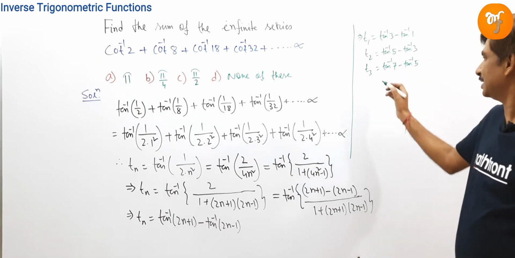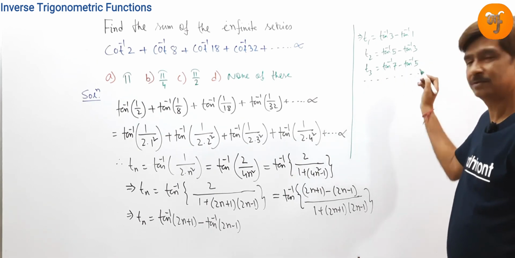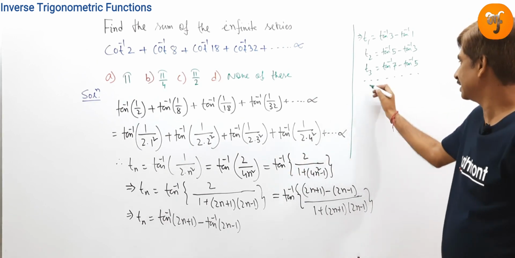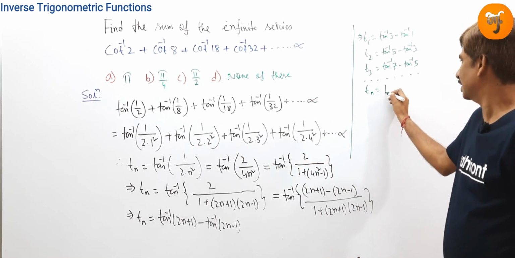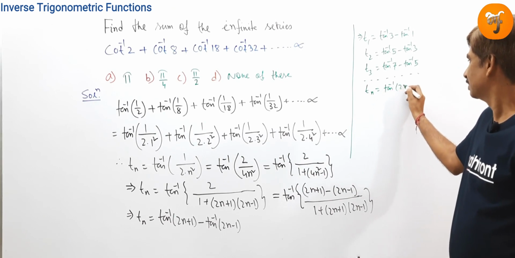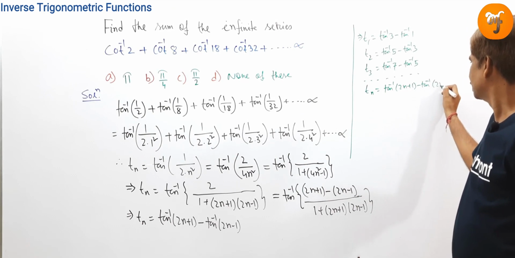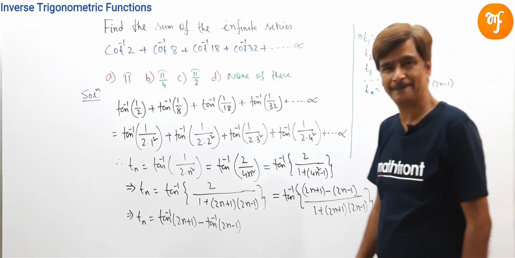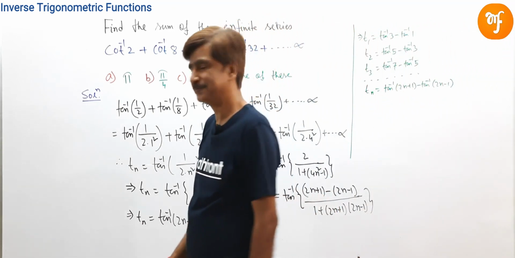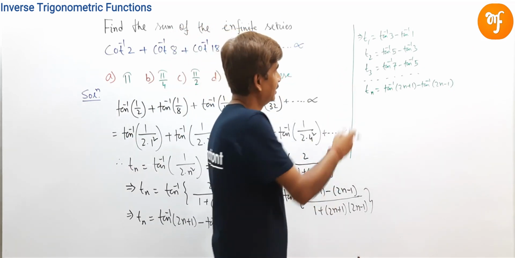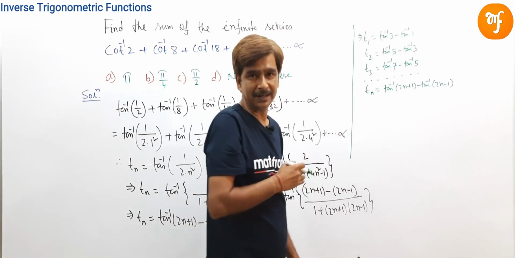In this way, we will continue, and finally we will substitute n by n again, that is Tn is equal to tan inverse of 2n plus 1 minus tan inverse of 2n minus 1. So we get T1, T2, T3 and Tn.